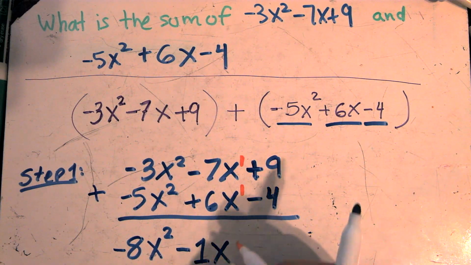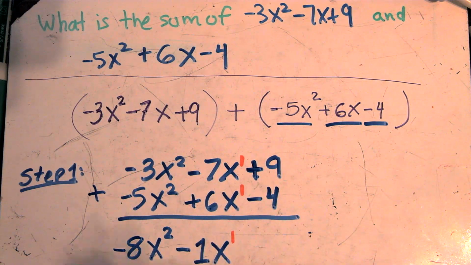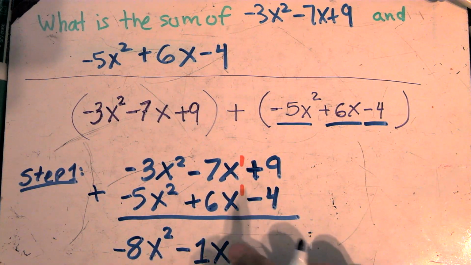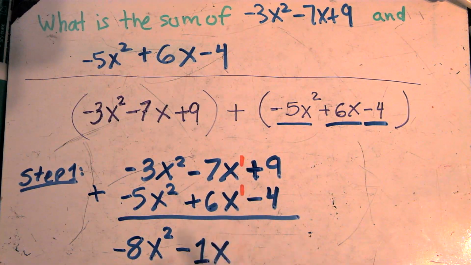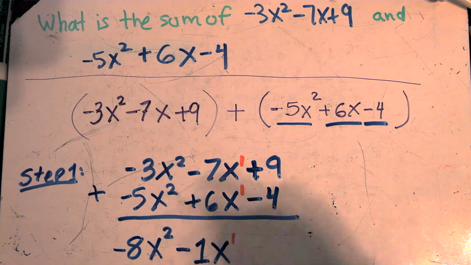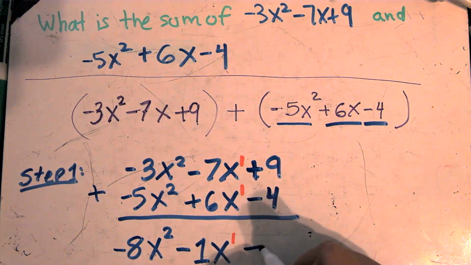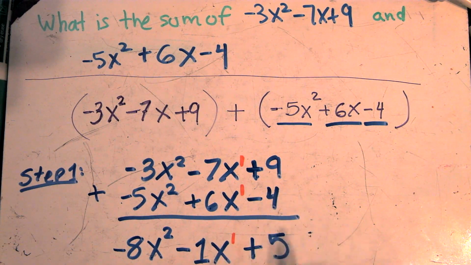Now I could choose to draw the invisible 1 or not, but remember when we're adding, we're not changing the variable and we're not changing the exponent. We're adding two terms of x to the first power, so I'm still getting a term of x to the first power. Then a positive 9 minus 4 is going to give me a positive 5. And the answer is in lovely standard form.